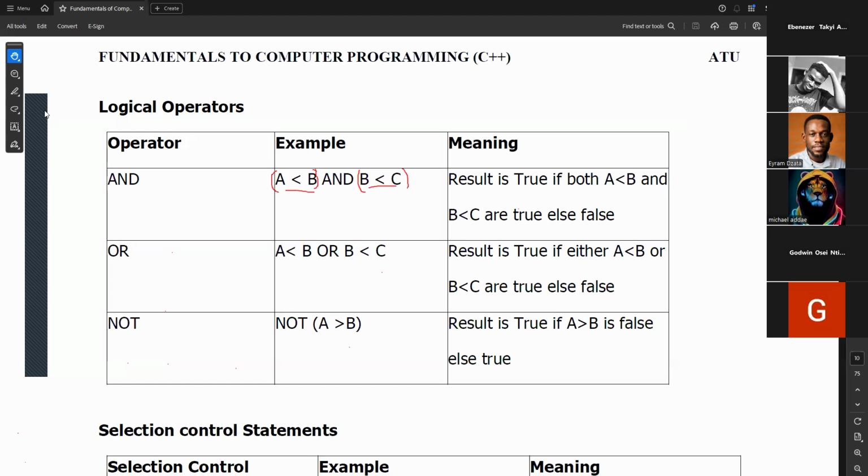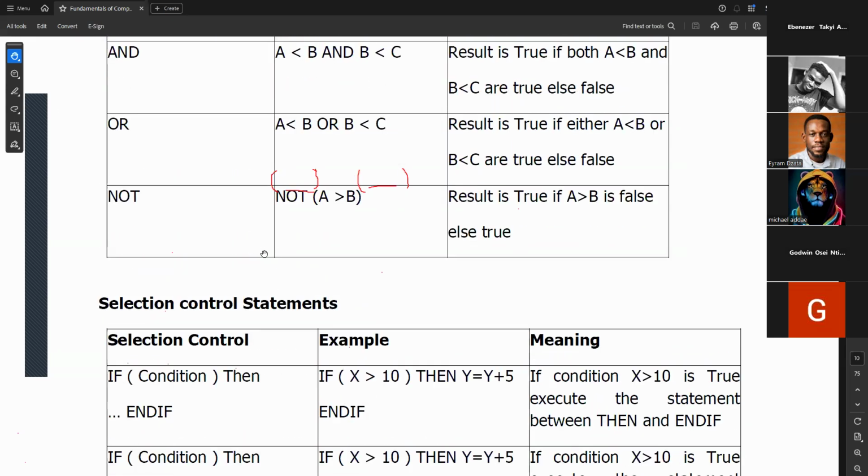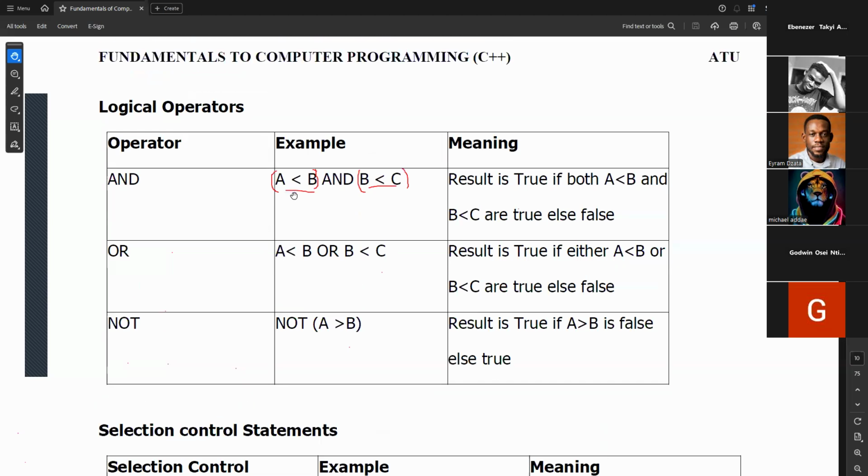Now, for the AND gate, the AND gate executes a statement only when both sides are true.